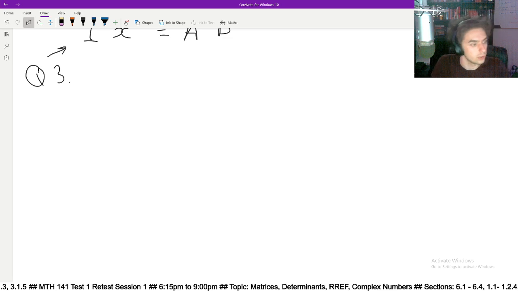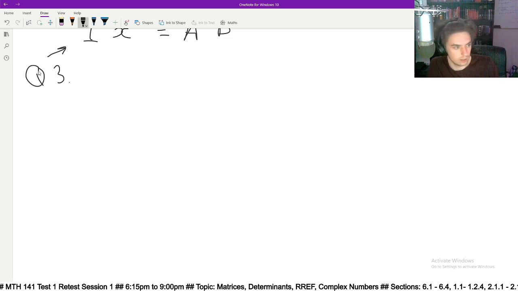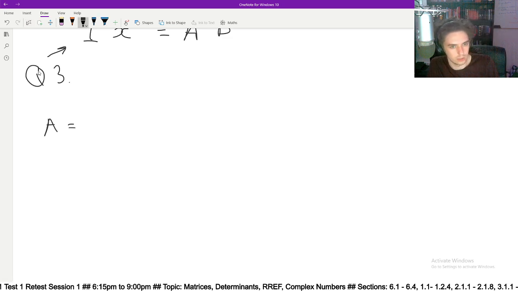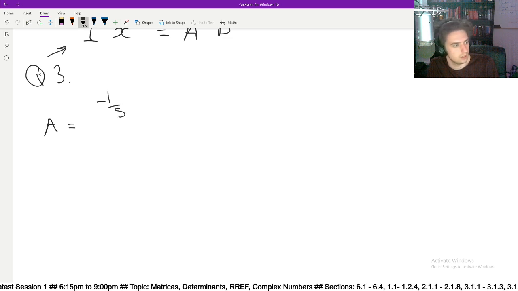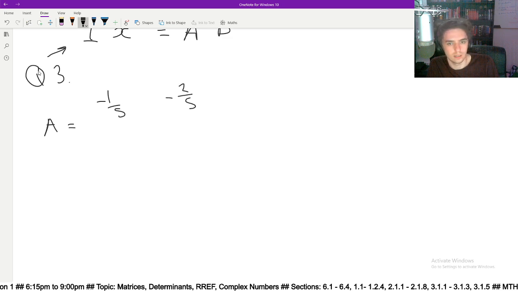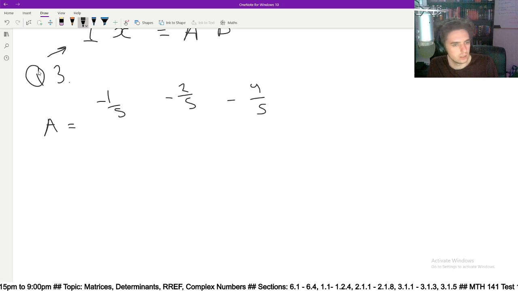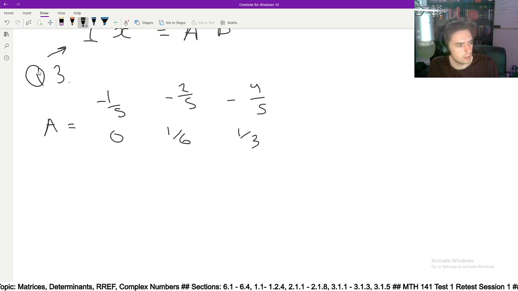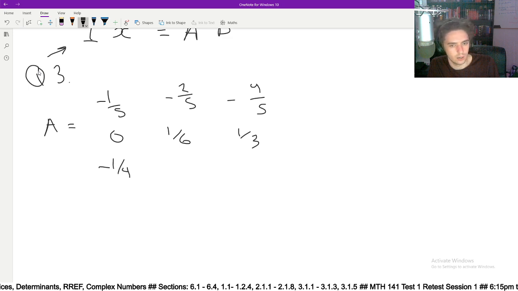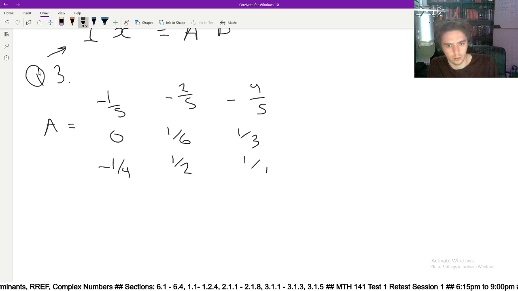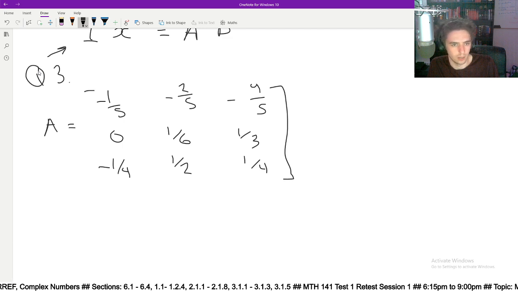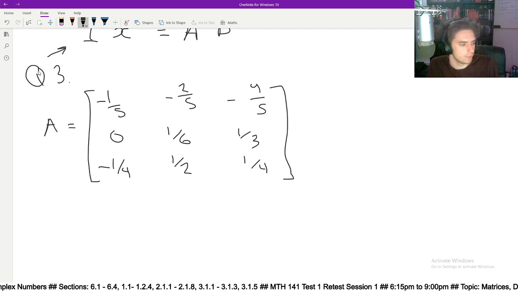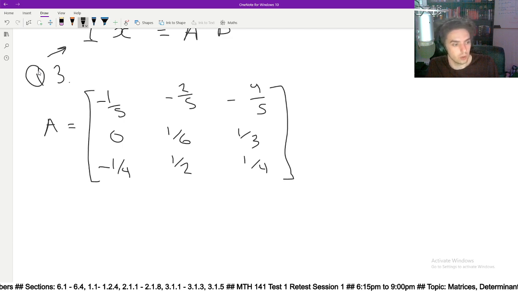Okay. So question 3 is we have this matrix A. A equals negative 1/5, negative 2/5, negative 4/5, 0, 1/6, 1/3, negative 1/4, 1/2, 1/4. Pretty complicated matrix. So find A inverse using row reduction.